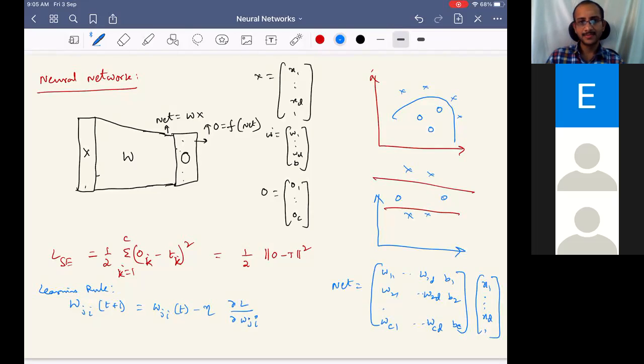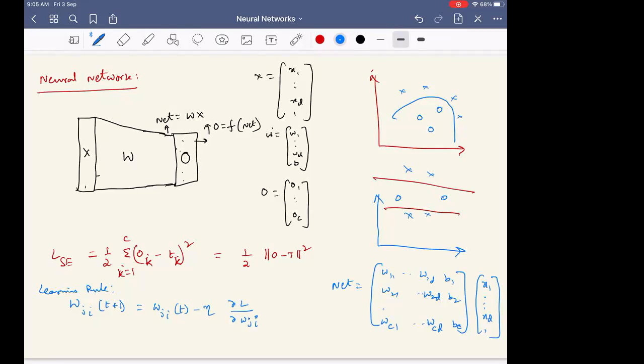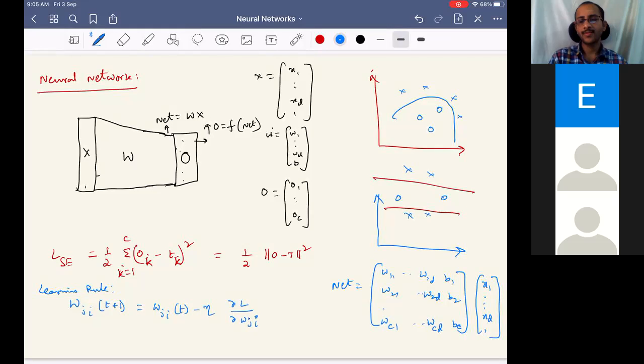Any answer? Bhavana? If there is only one layer, we can use it for linearly separable data. Right. So it is still not a nonlinear classifier because there is no nonlinearity involved in getting the outputs.